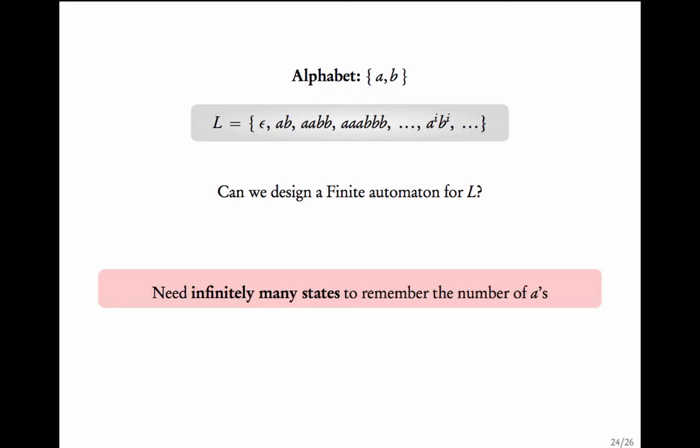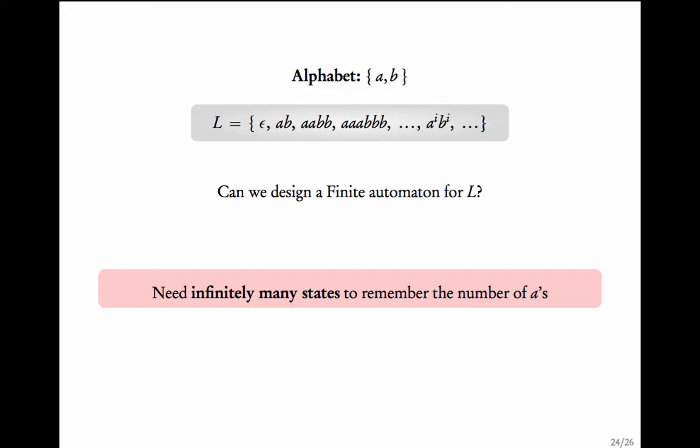Let me say that if you want to accept this language, your automaton should have the capacity to remember the number of A's that it has read. If it does not have this power of remembering the number of A's that it has read, it cannot hope to read the same number of B's in the future.